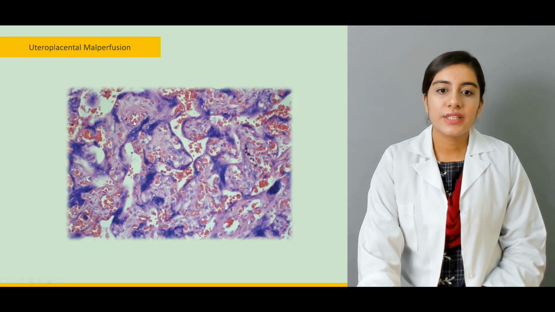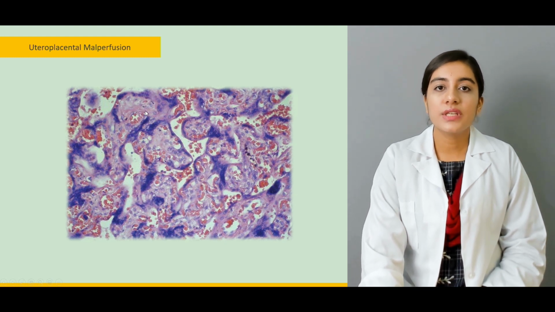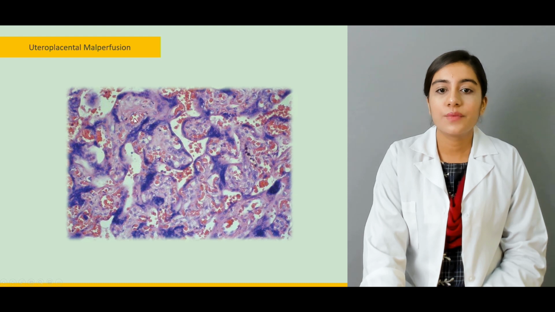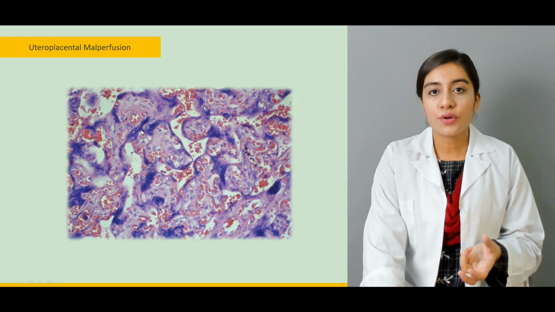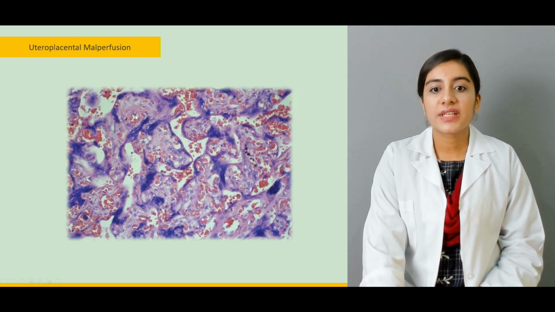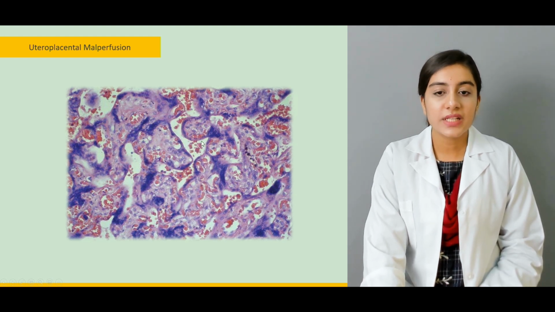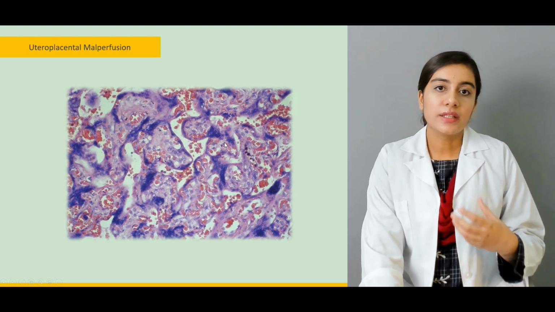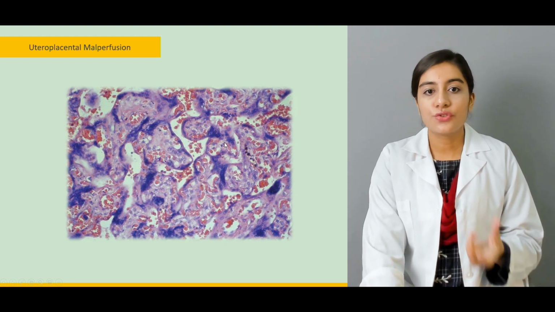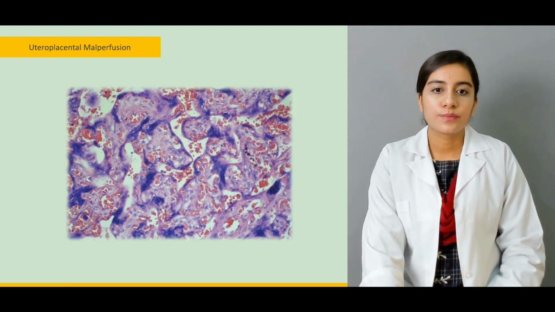If you can appreciate these areas, these are supposed to be the lumen of the vessels, but they are filled with these tiny Barker changes or the syncytiotrophoblast that basically reduces the lumen of the vessel and hence causes the uteroplacental malperfusion.